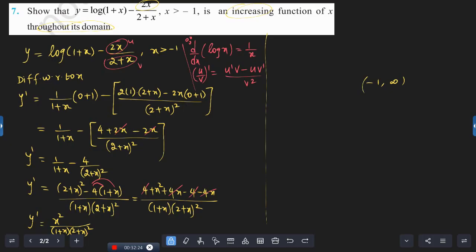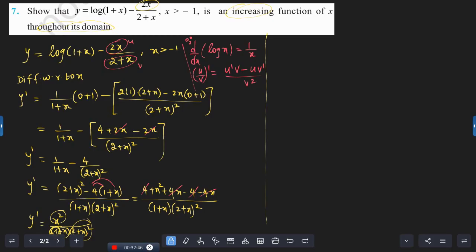Even minus 0.9, minus 0.8, any small number you can take. Whatever the number you give, 1 minus 0.9 will be 0.1, which is positive. So here positive, and everywhere else must be positive because of the square.